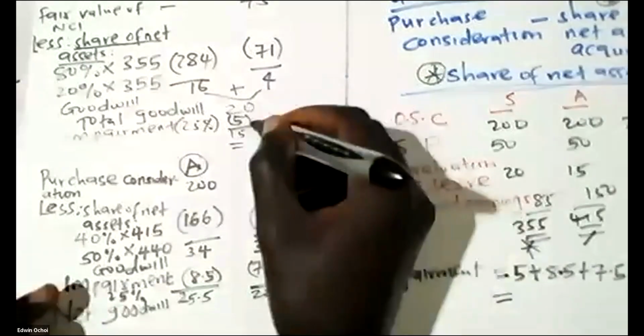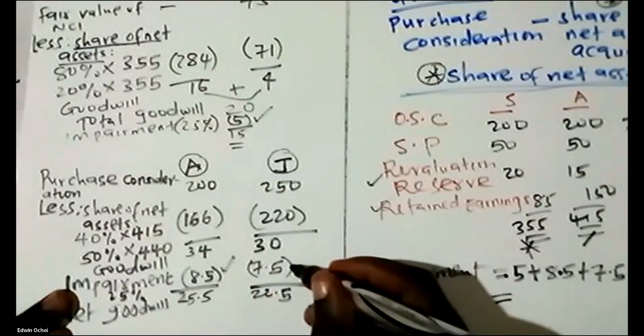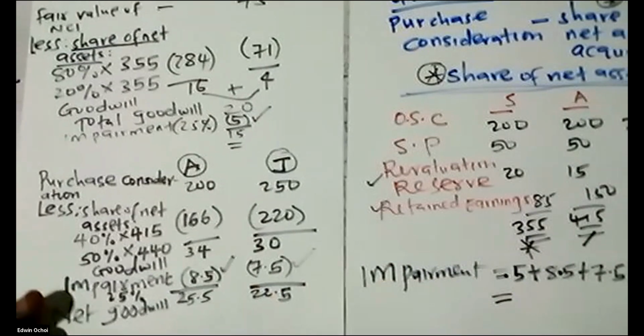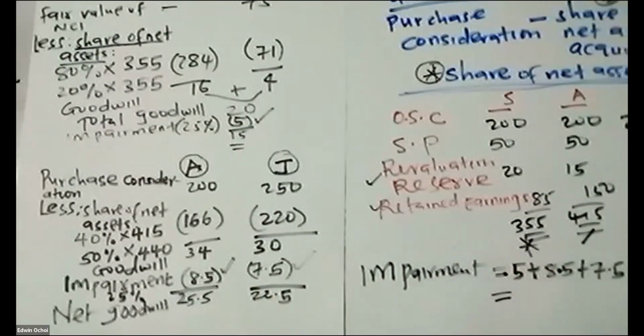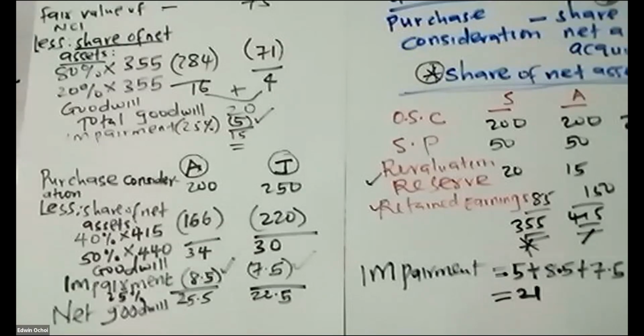This one is for S, this one for A, and this one for J. So 5 plus 8.5 plus 7.5 will be 21. So 21 is what to record.